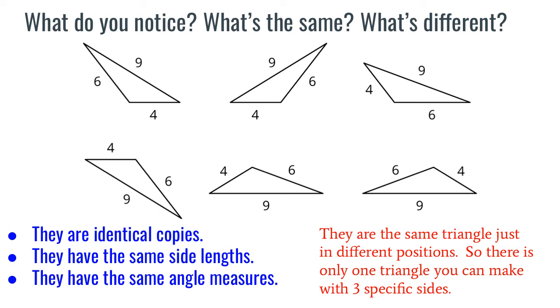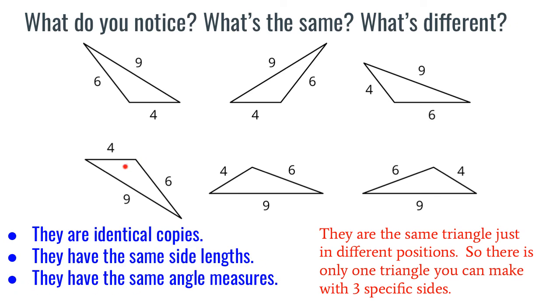So these are all triangles, but they look different. But the question is, are they really different? Are they the same? Are there differences? Well, if you actually look at the triangles, you would see that all the triangles are just identical copies of each other. They have all the same side lengths, and they have the same angle measures.